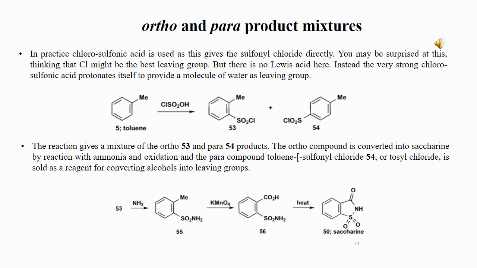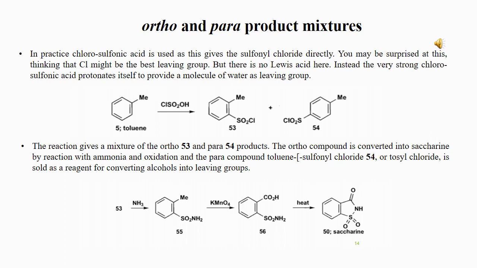So there is no way we can get 53 from this route. The para compound, toluene sulfonyl chloride 54, is the tosyl chloride.